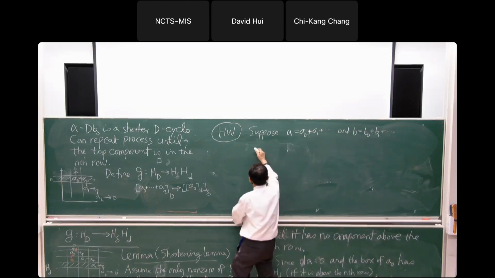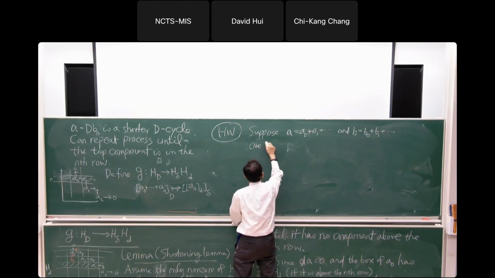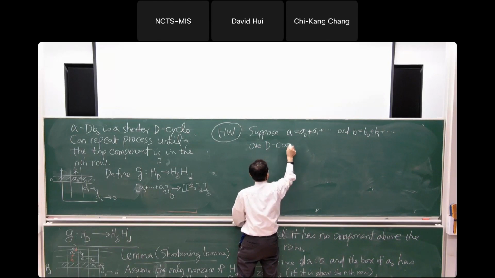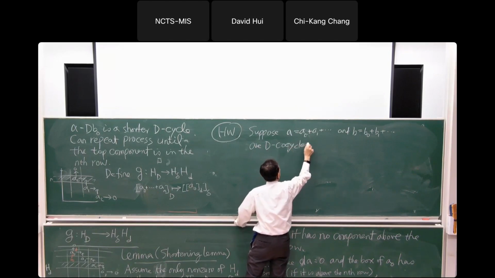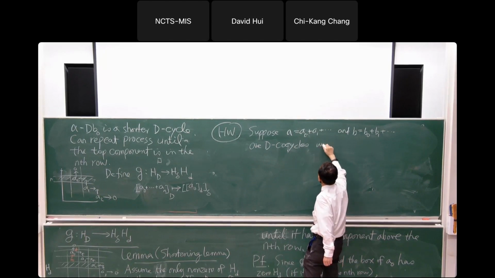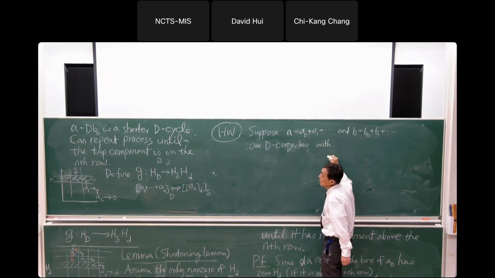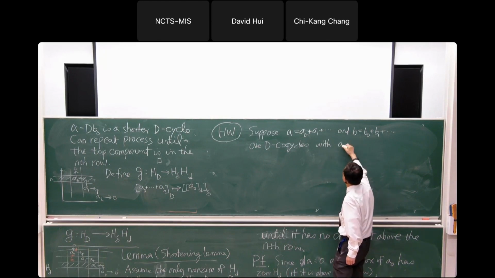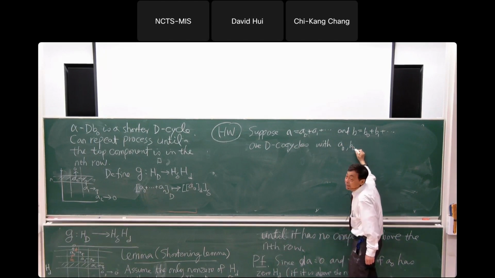Two D cocycles. We know with A0 and B0 in the nth row.